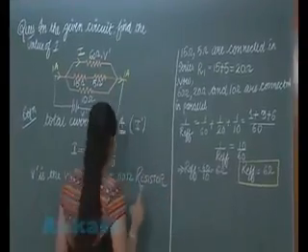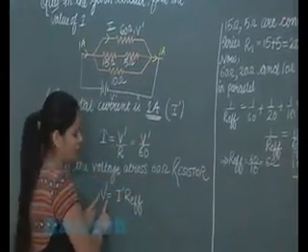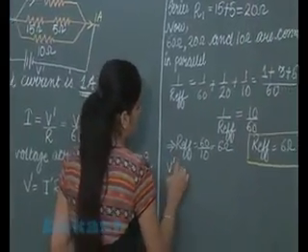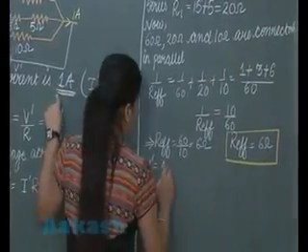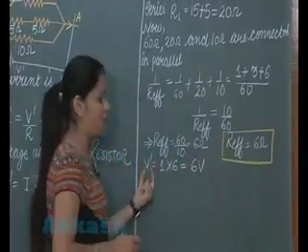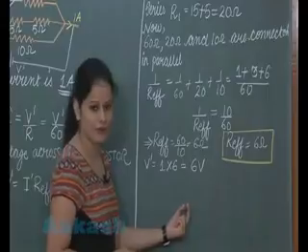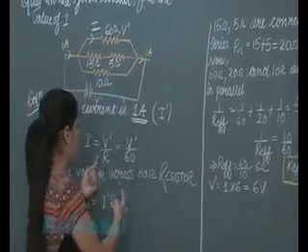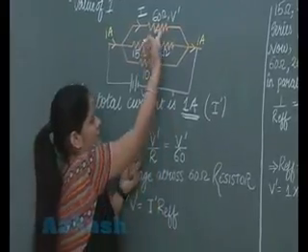Now student, we know that this V prime is equal to I prime into R effective, and I prime is the total current, which is 1 ampere. So student, V prime is 6 volt. Now student, we have V prime, we know the resistance, which is 60 ohm.